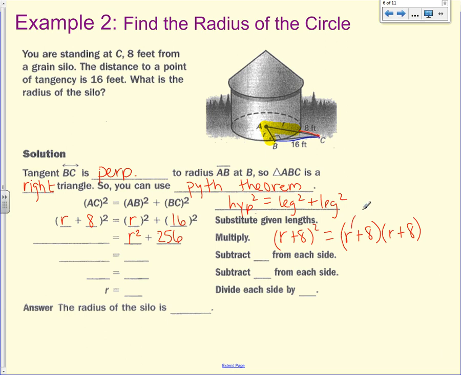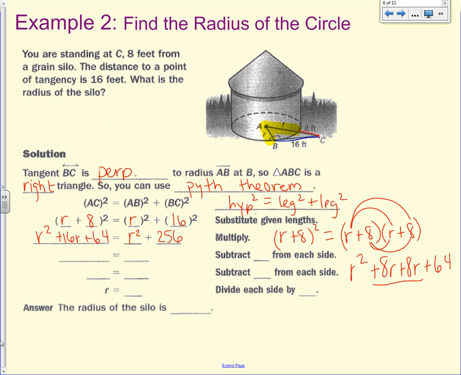So I'm going to do r times r, which is r squared. Some good algebra review here. r times 8, which is 8r. 8 times r, which is 8r. And then 8 times 8 is 64. You combine your like terms, and in this case, we only have them in the middle. So our first term is r squared, and we have plus 16r.